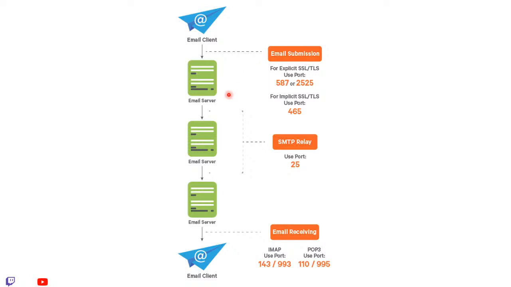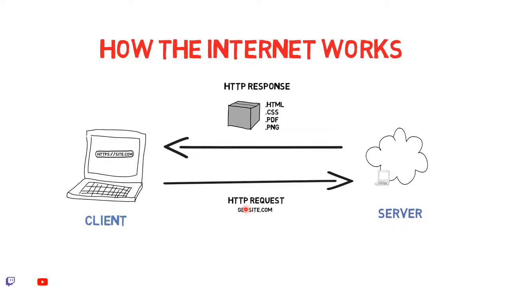It goes to the SMTP relay email server using port 25, and after that the email service receives it and the email client receives the email.